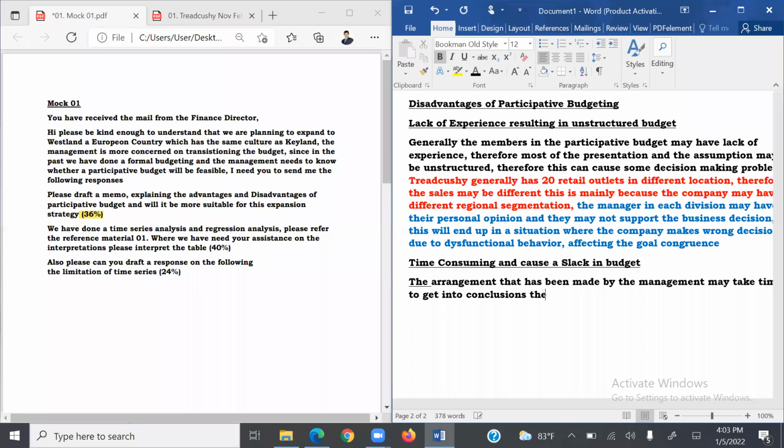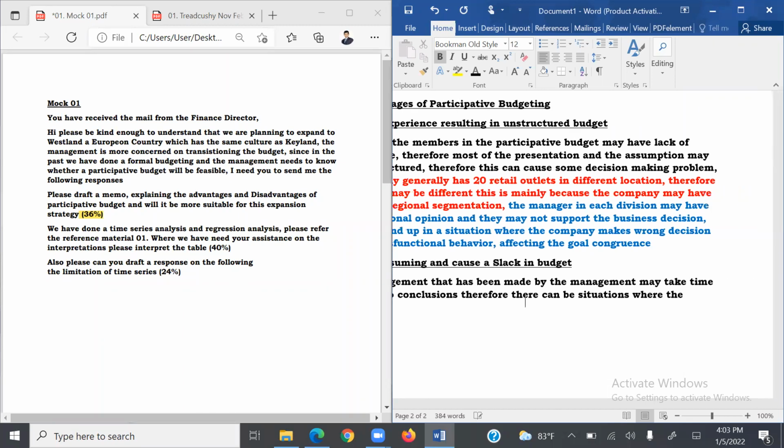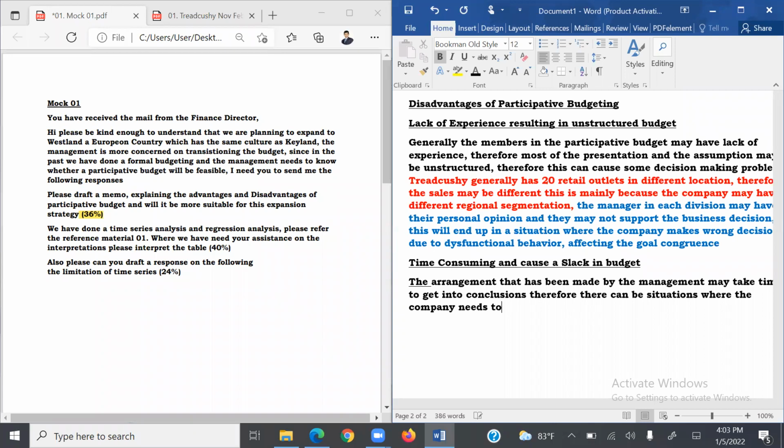Therefore, there can be situations where the company needs to be aware about the slacks that are created by the managers for their own convenience.